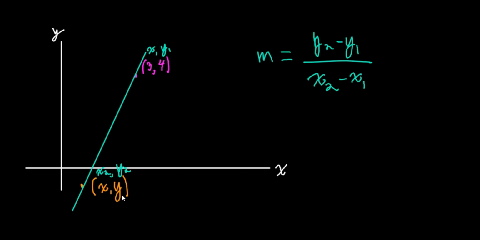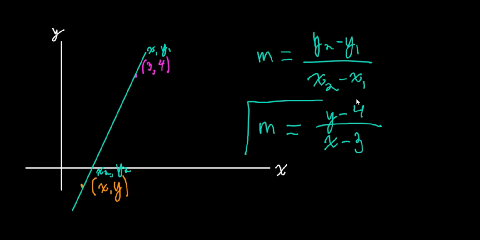So since y2 is y and y1 is 4, on the top we have y minus 4, and on the bottom, since x2 is x and x1 is 3, we have x minus 3. So our slope of the line that goes through the point 3 comma 4 and any other point in the xy plane is exactly this, where we can just plug in that point x comma y into this formula, and it spits out the slope of the line that goes between 3 comma 4 and x comma y.